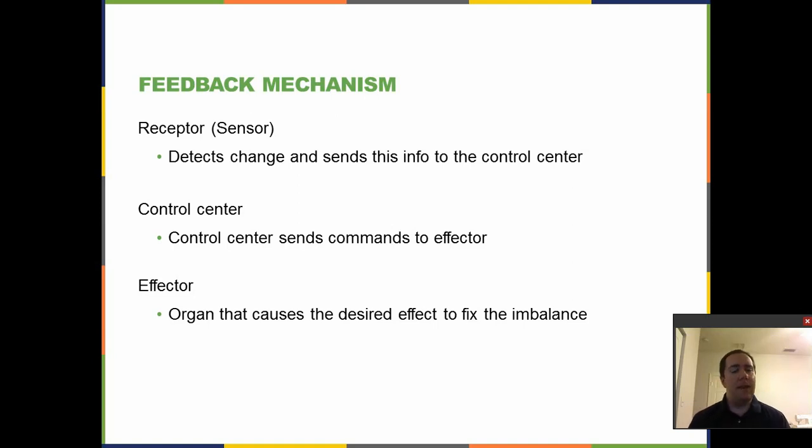Yeah, the thermostat. We have the thermostat on the wall that is going to tell us what the temperature is. Now, you may not know what's inside of that thermostat, but there's actually two parts. There is a thermometer, and then there is a little computer chip. And that computer chip is the control center. And so there's the receptor saying, is it 78, is it 79, is it 77?